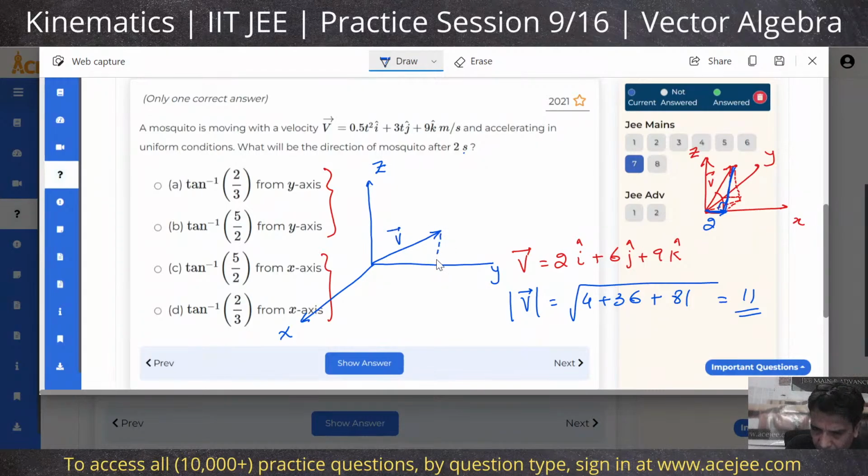Right now, the vector will not make that much sense unless I start to draw its projections. So this is, I'm going to call it Vx, Vy, Vz. So this is your Vx, this is your Vy, this is your Vz.